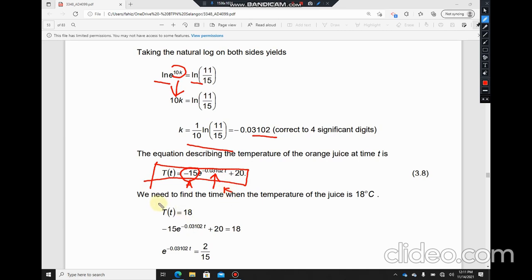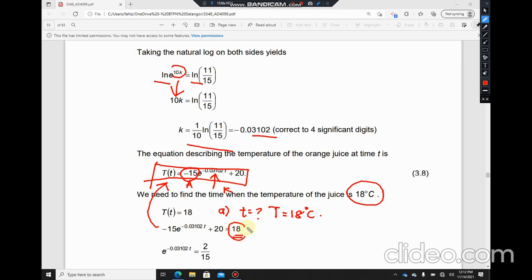Okay, we need to find the time when the temperature of the juice is 18 degrees Celsius. Kita kena cari masa bila temperature tu adalah 18. So for question A, what is your time when temperature equals 18? Masukkan dalam equation yang ni: negative 15e^(negative 0.03102T) plus 20 equals 18.